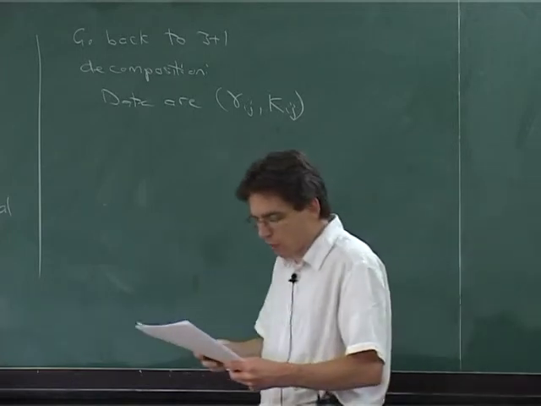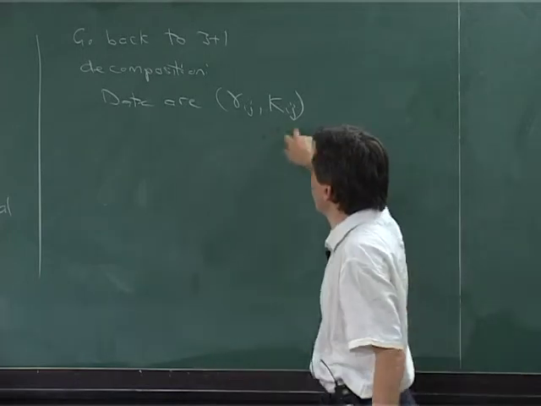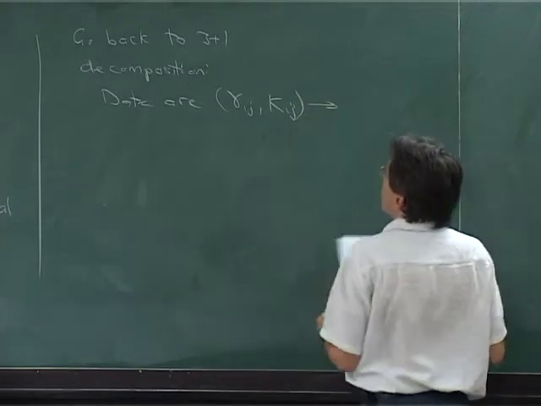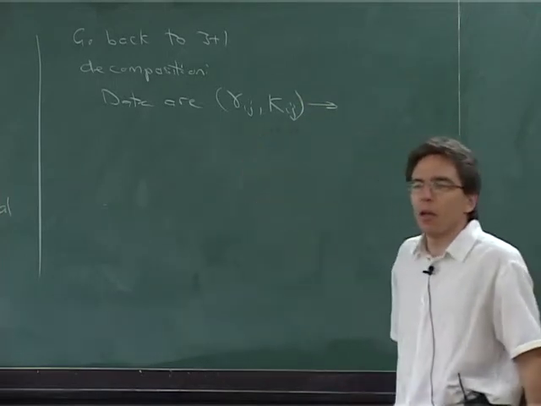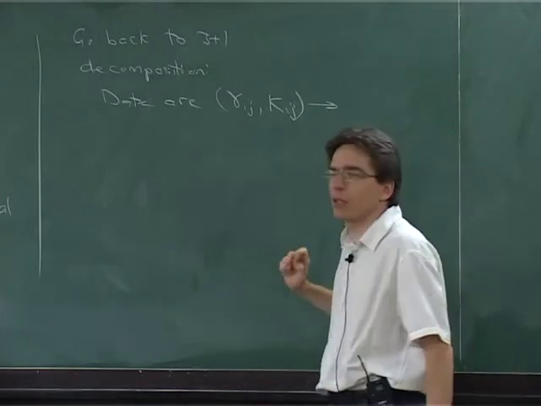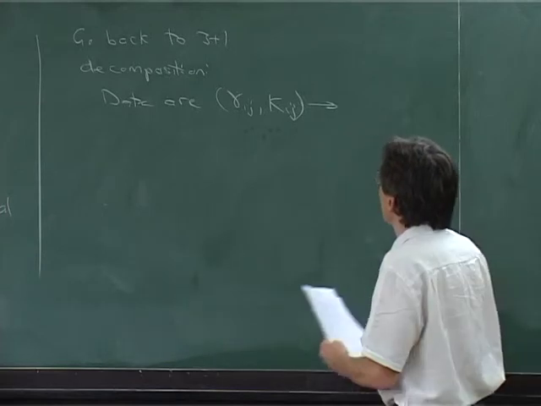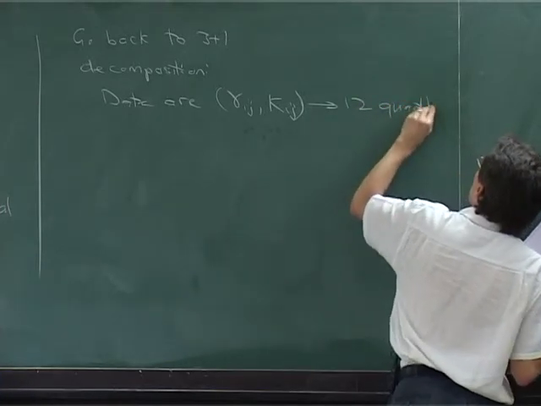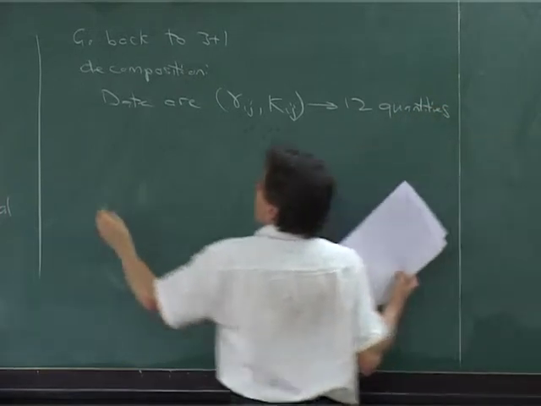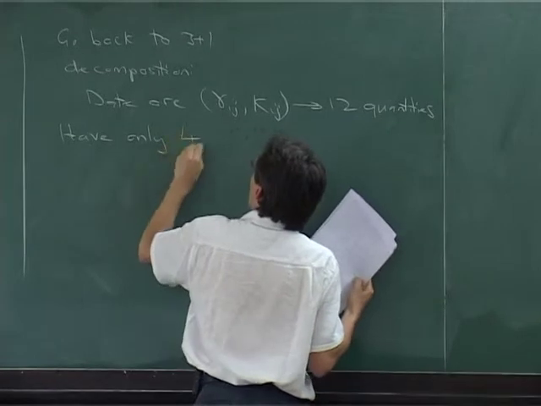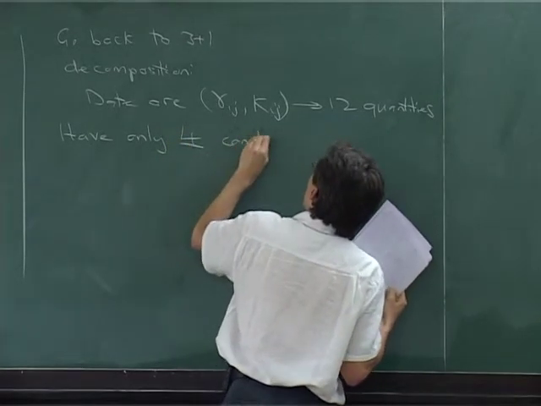But the problem is that the constraint equations, these are 12 quantities. These are symmetric tensors with 3 indices, so they each have 6 components. So this is 12 quantities, and we have only 4 constraint equations.